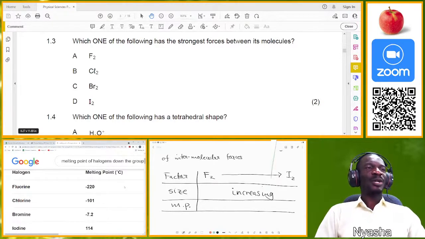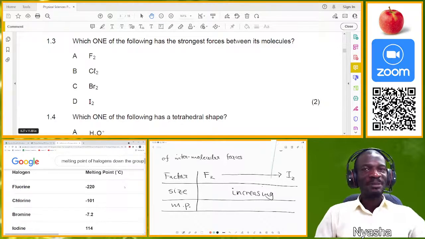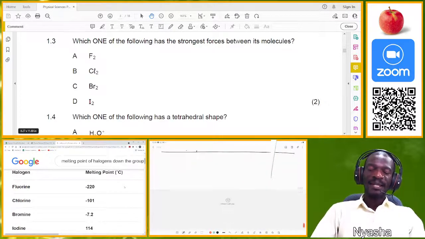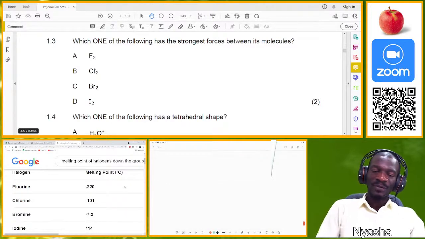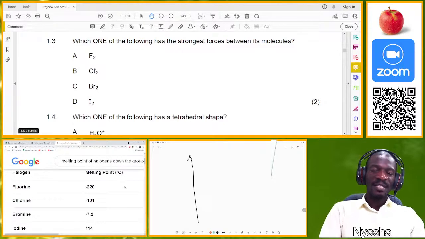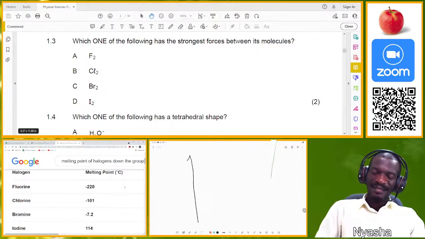Minus 220. Then it becomes minus 101. So if we were to put it on a number line, that would be our number line. Instead of this number line being X or Y, I will put melting temperature.